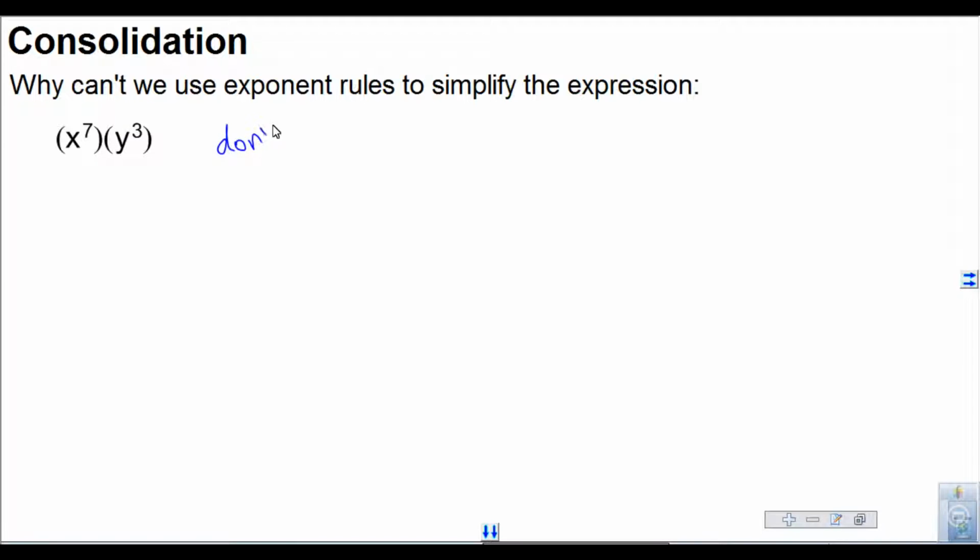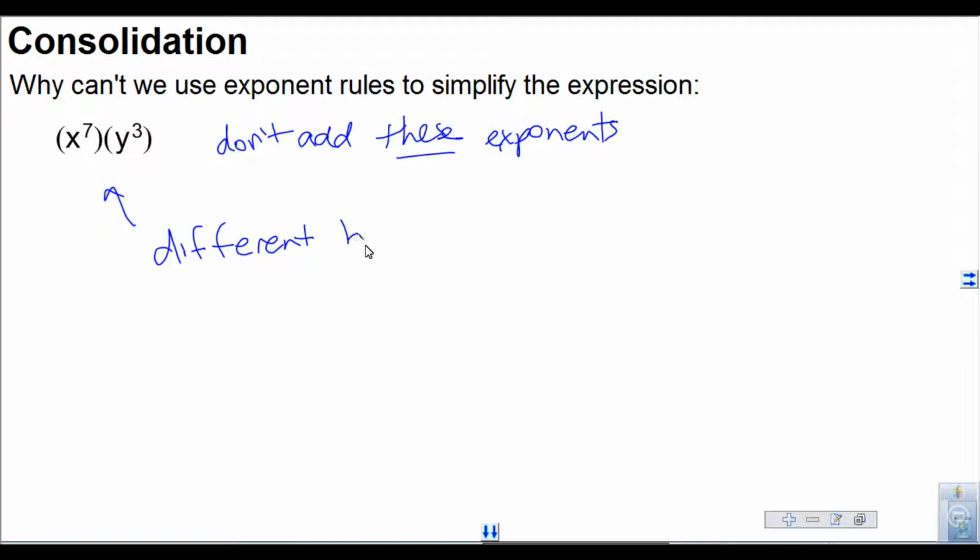Don't add these exponents, okay? Because the powers have different bases, okay? These are different bases. So when you have powers that have different bases, you actually cannot apply the exponent rules to simplify. Okay, that only works when the powers have the same base.